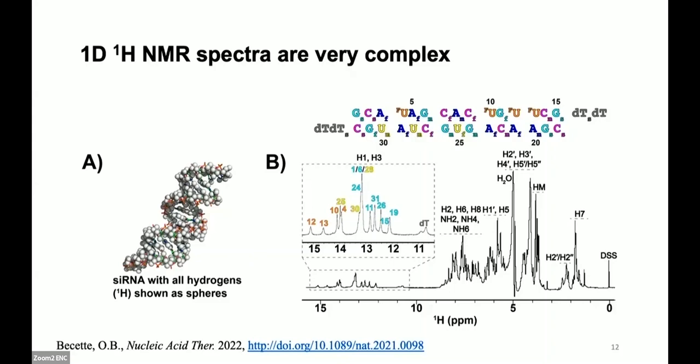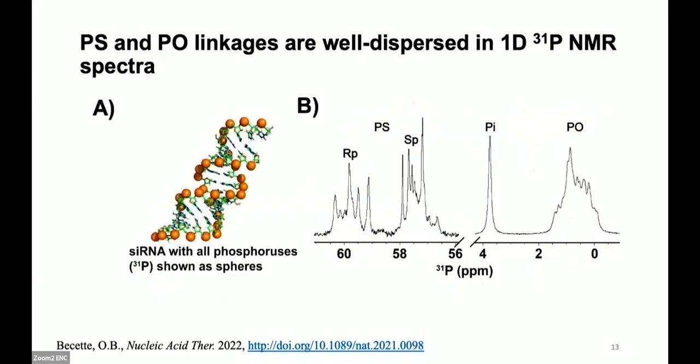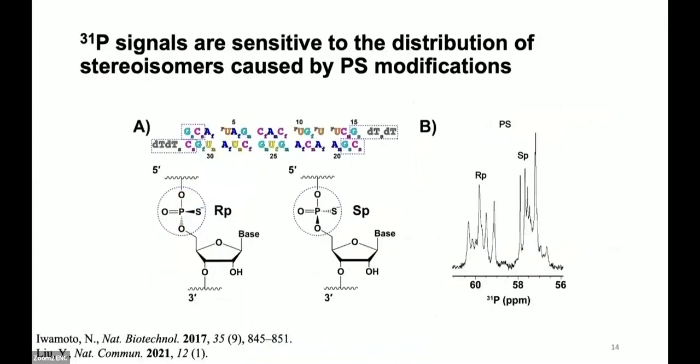In addition to proton, we can also collect 1D phosphorus measurements, shown here. Of interest are the phosphorothioates, or PS modifications. So you see these peak clusters, and these correspond to the different diastereomers that result from the phosphorothioate modification.